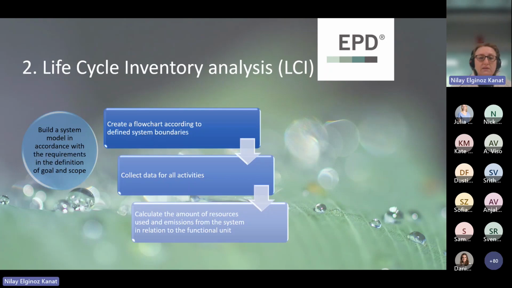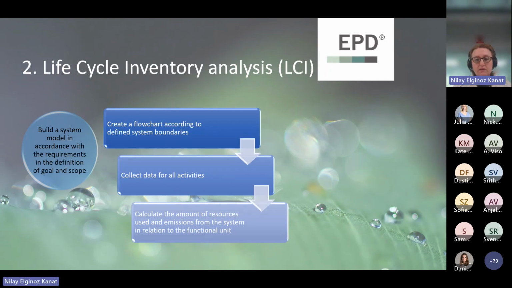In the second phase, you draw your flow chart, connecting your unit processes and collect data for all these activities. Since you collect the data for your activities and you don't, for example, collect all the data for the energy production systems, we generally use 2 different kinds of data.